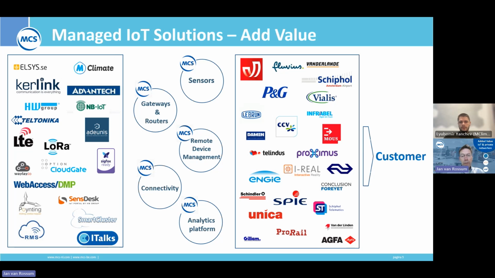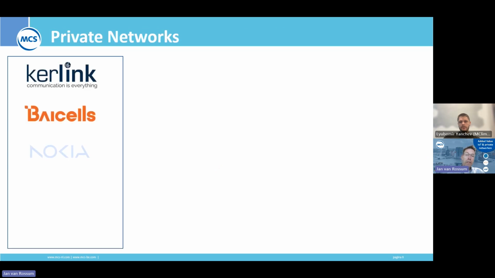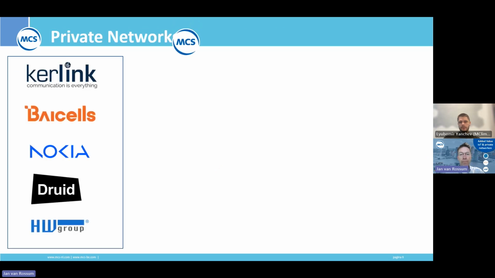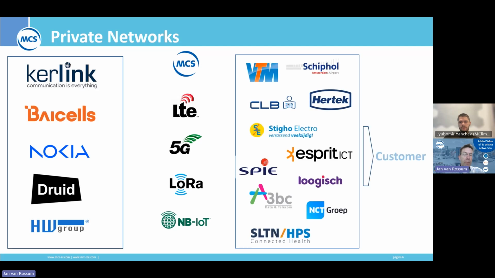We also have another part we offer to our customers, and that's about private networks. Private networks you can compare with the public mobile cellular networks, which you know from Vodafone, for example, or T-Mobile. But then in a very small building, so to say.